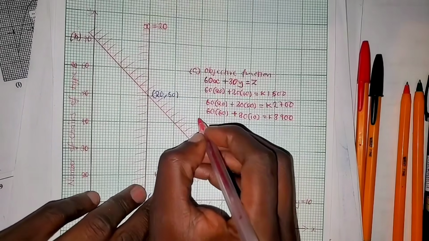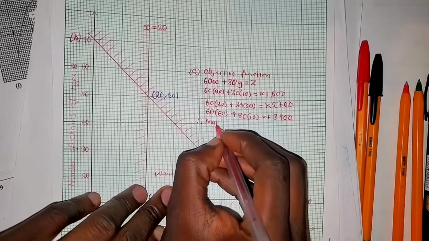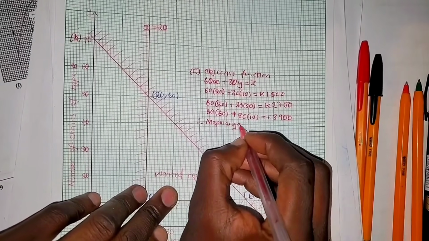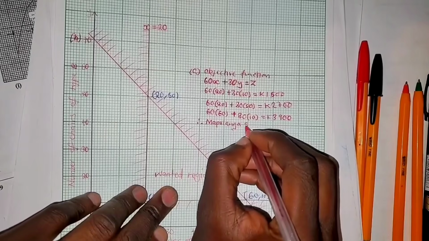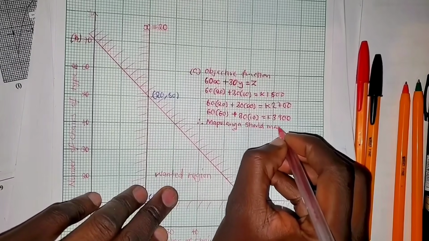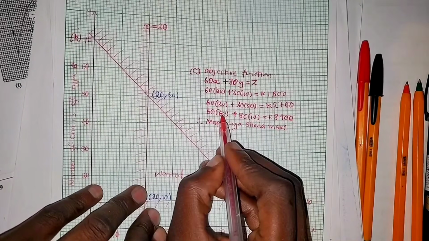So, you can say, therefore, Mapulanga should make, okay, Mapulanga should make, how many you've used 60?